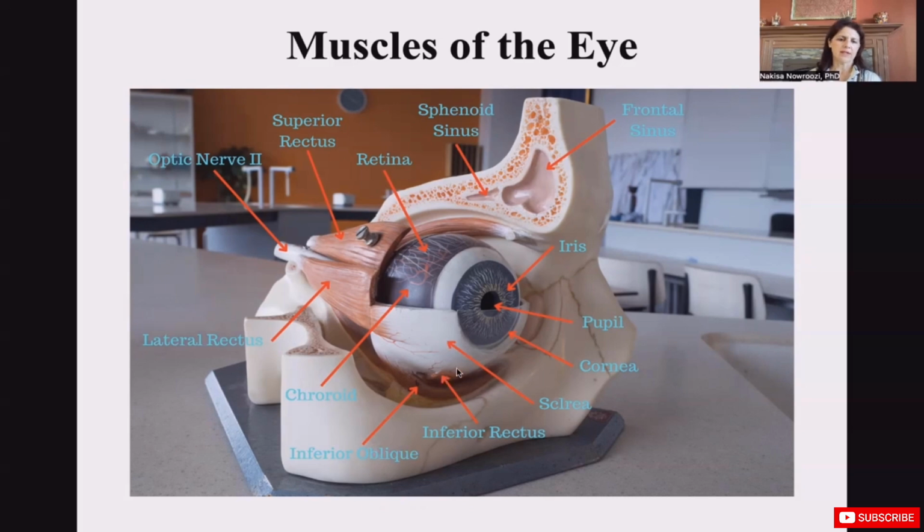And here I can see inferior rectus again, inferior oblique again, and we have retina, and below retina, we have choroid. Choroid is kind of like a black box inside the eye that doesn't allow the reflection of the light going through, and retina is where all your sensory receptors for the eye are located.